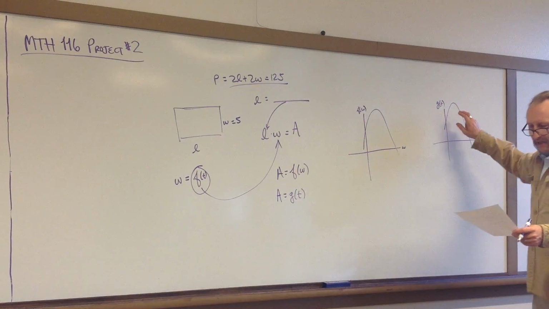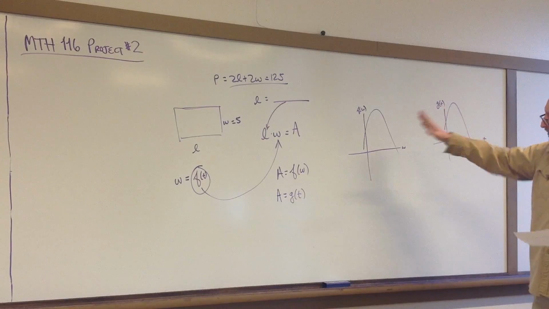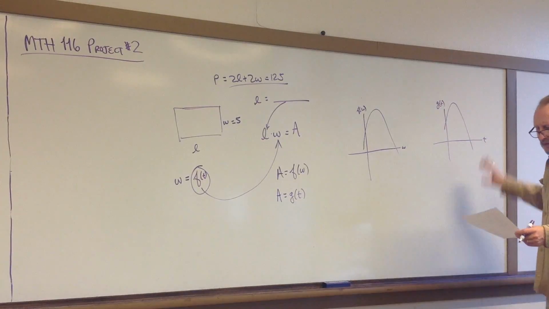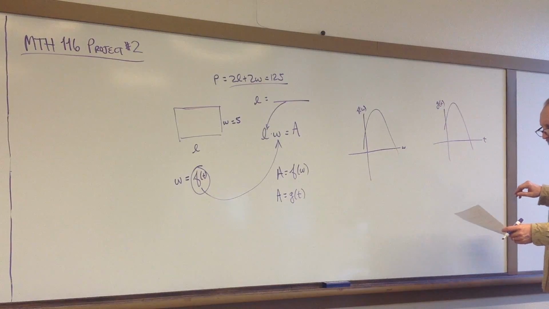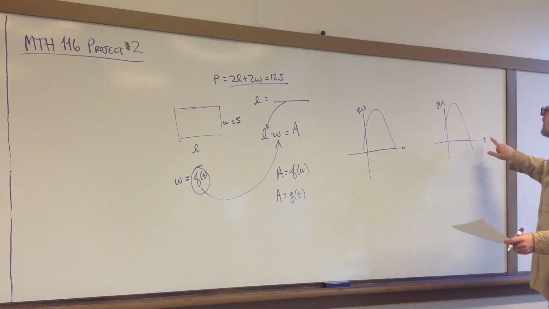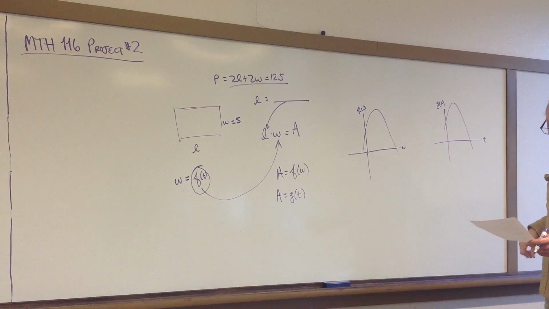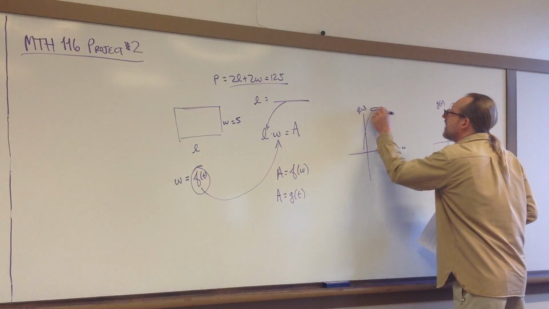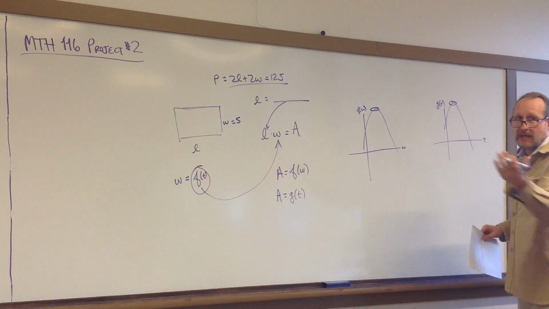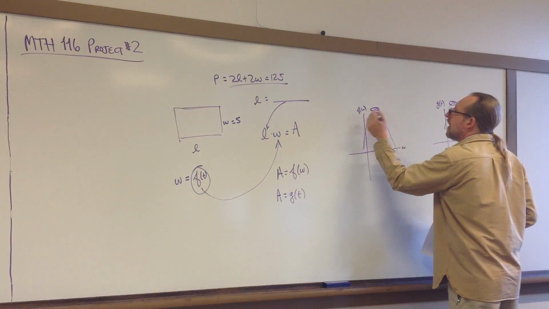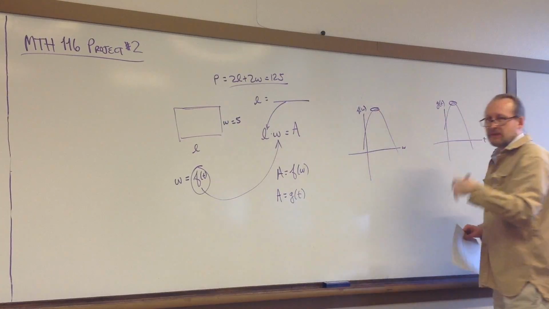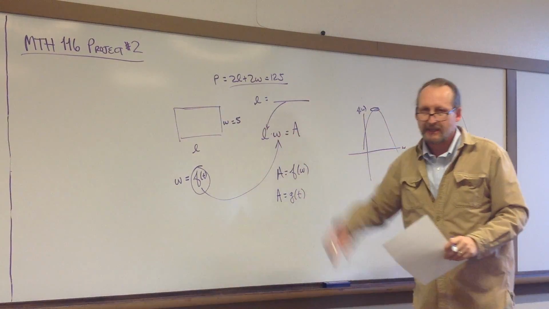And then we're going to make another graph, a separate graph. Please don't put them on the same axes. We're going to have a separate graph for the area as a function of time. And then we want to find this maximum point. It should be the same y value in each case, because it's the area of the same rectangle.